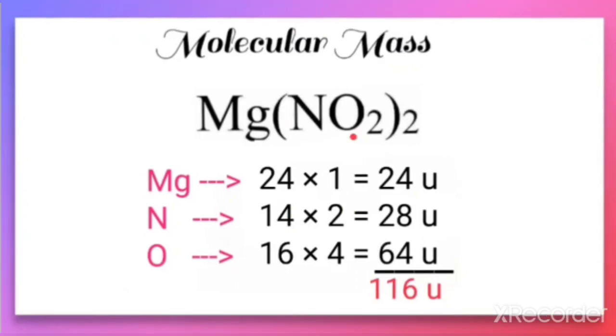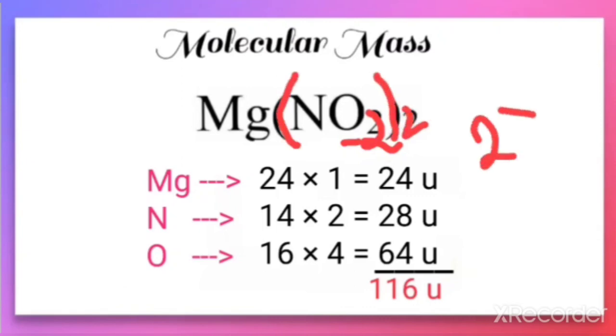Here oxygen is also inside the bracket, enclosed in the bracket, and there is a 2 outside. So how do we find the number of oxygen atoms? There are 2 oxygens inside the bracket, into 2, that is 2 into 2 equal to 4.